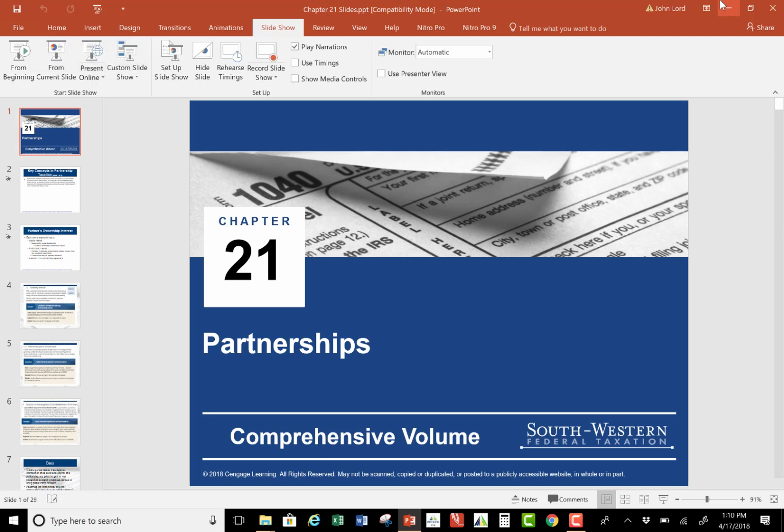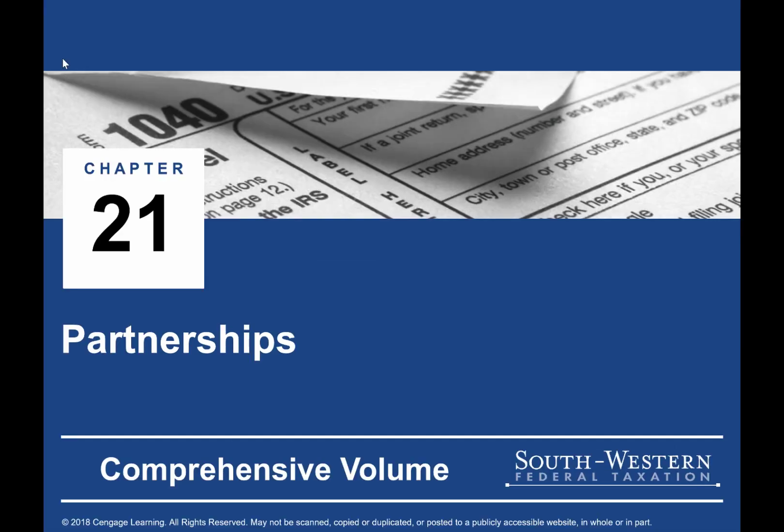Okay, so let's just go ahead and take a look at Chapter 21, Partnerships. We'll deal with Chapter 22 next time, S corporations. And these are basically pass-through entities, okay? The partnership, and the same thing for S corporations, will file a tax return.